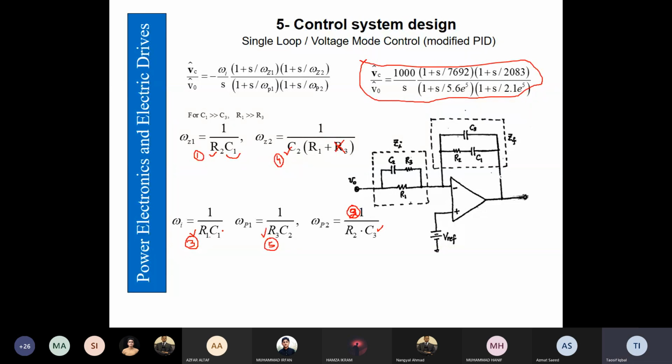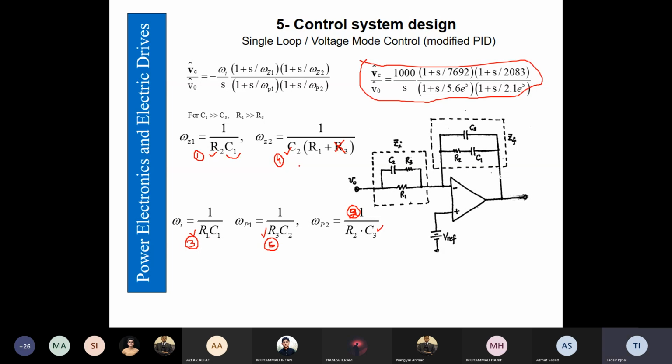The value of C1 we can calculate, and then the unknown value is R3. C2 is already found, so we can find the value of R3. And finally, we can find out the value of C3, because the R2 value is already found.